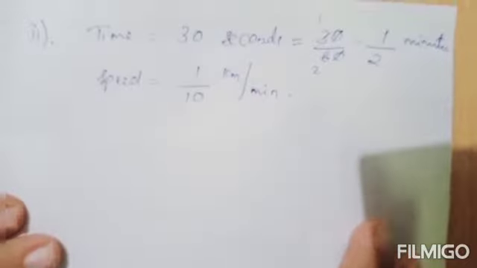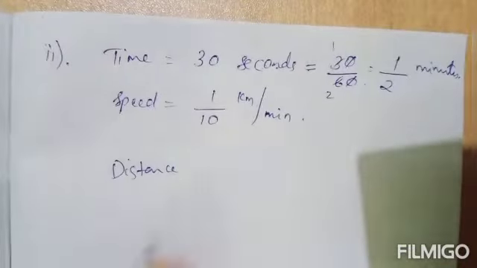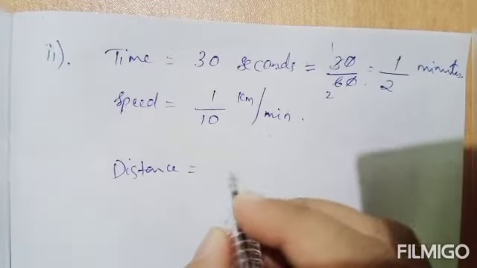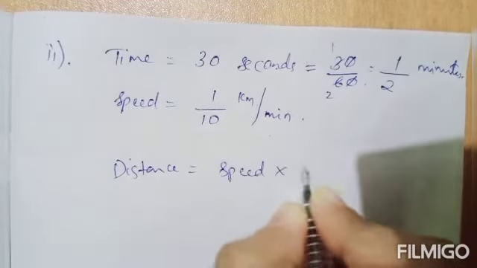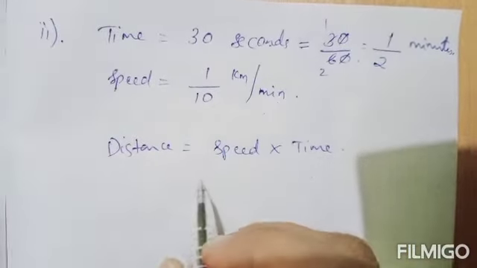Now you can find the distance. Distance equal to speed into time, this is the formula for finding distance.